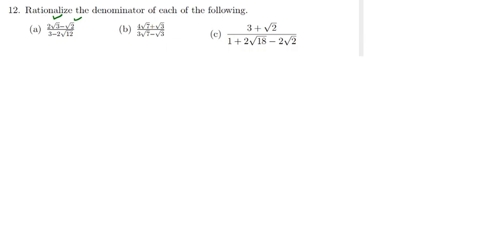Why am I going to choose 3? 12 divided by 3 is 4, meaning 4 times 3 is 12, so it's going to be the square root of 4 times the square root of 3, because 4 is a perfect square. If I use 2, it's going to give me 6 and 2, so both of them are not perfect squares. So I need to choose a number between these two which, when I divide it into 12, gives a perfect square.